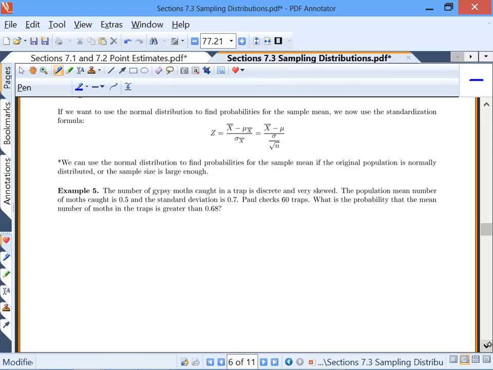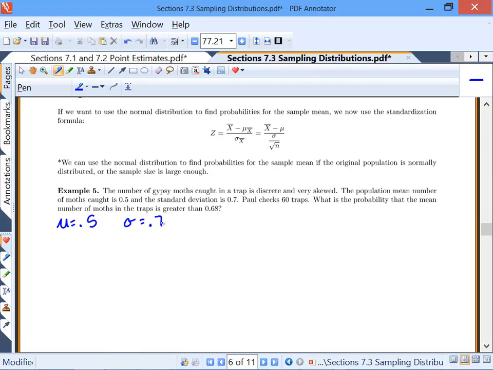So let's try it. The number of gypsy moths caught in a trap is discrete and very skewed. So my original population is definitely not normal. The population mean number of moths caught is 0.5, so mu equals 0.5, and the standard deviation is 0.7. Now this would be for all the possible traps.